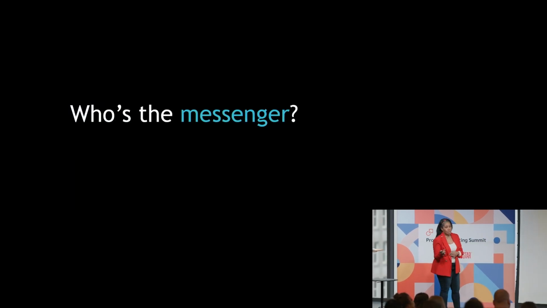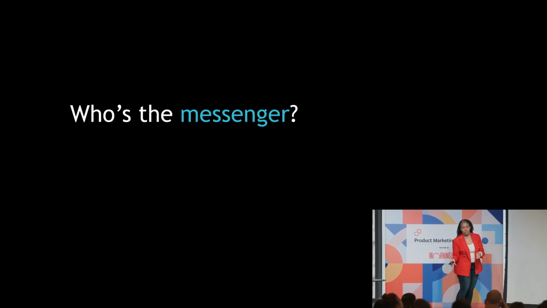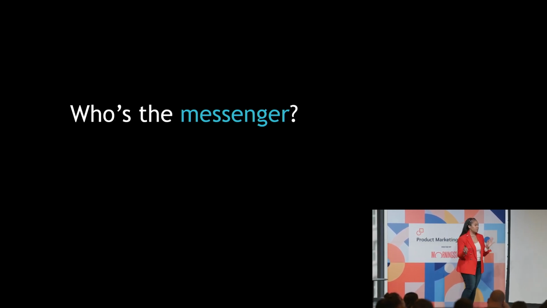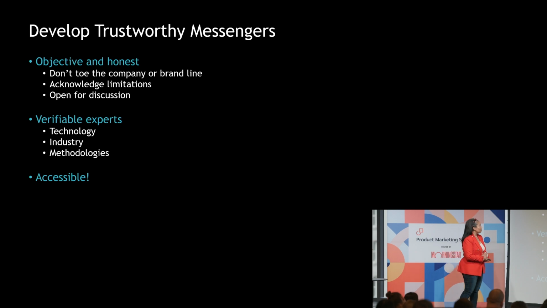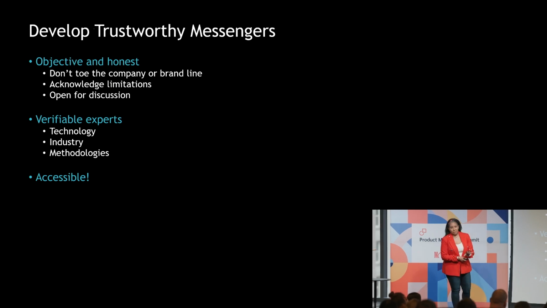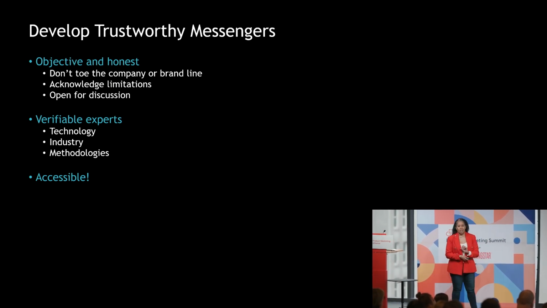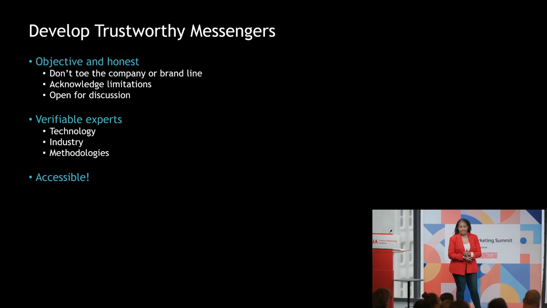All right, who's the messenger? Again, in marketing, we want everyone in the company to be a messenger, to be an advocate. Doesn't always work, especially with developers. With every developer and developer audiences, credibility is key.